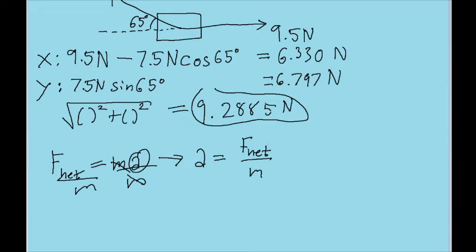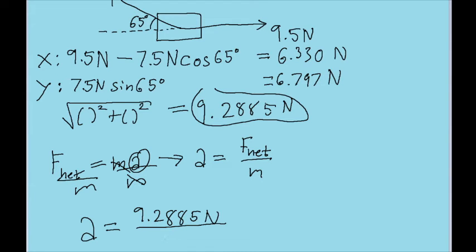So all we got to do is take the value that we just found a minute ago and divide that by the mass. So for this problem, the acceleration of the object is going to be equal to 9.2885 newtons, however many digits you want to include. This is the part where you want to bring in all the digits, as many as you can from your calculators, so that you're preserving as much precision as possible from your earlier calculations.